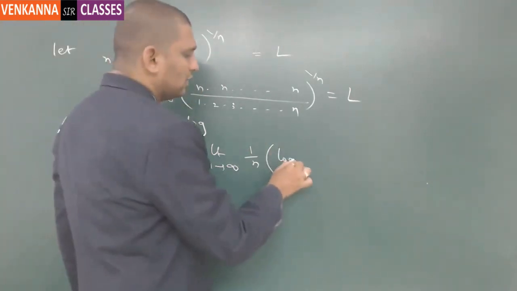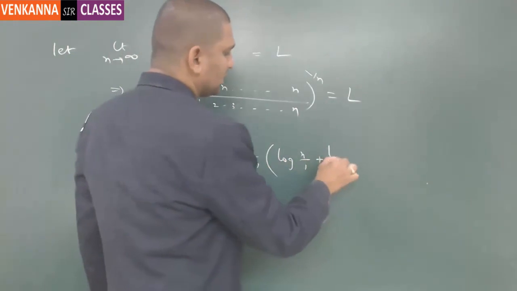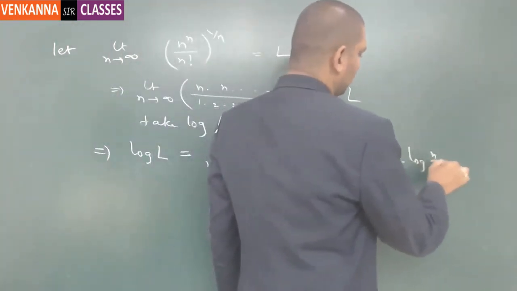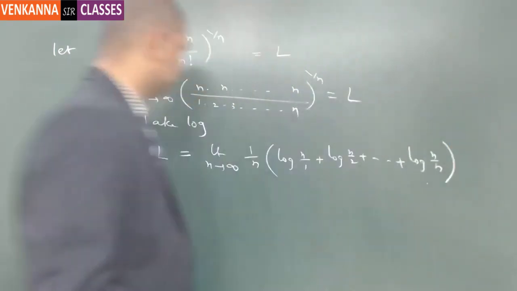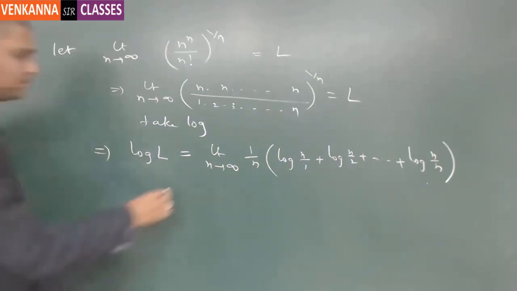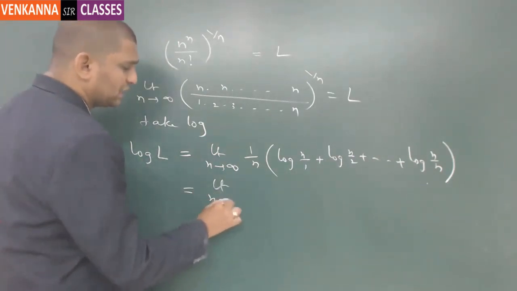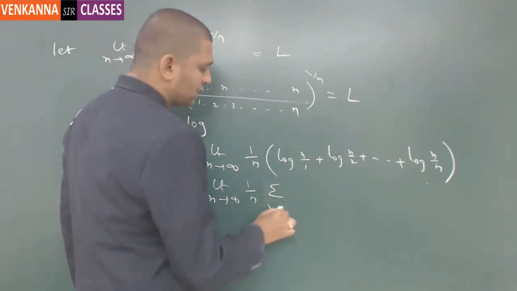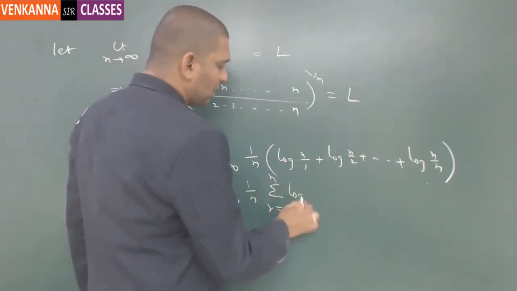So you have 1 by n times log n by 1 plus log n by 2 plus so on plus log n by n. Accepted? Any questions? So the summation will be used under sigma notation. Limit n tends to infinity 1 by n, summation r is equal to 1 to n log n by r.